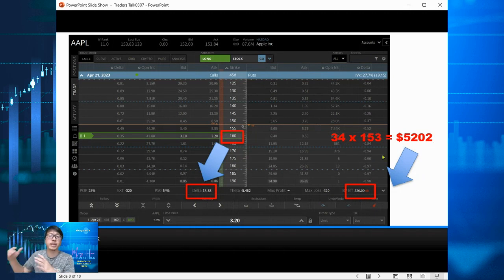The same thing applies if the share price moves by $1: you will get a $34 increase in your share value. And here, if the stock price moves by $1, your option price would also increase by $34.